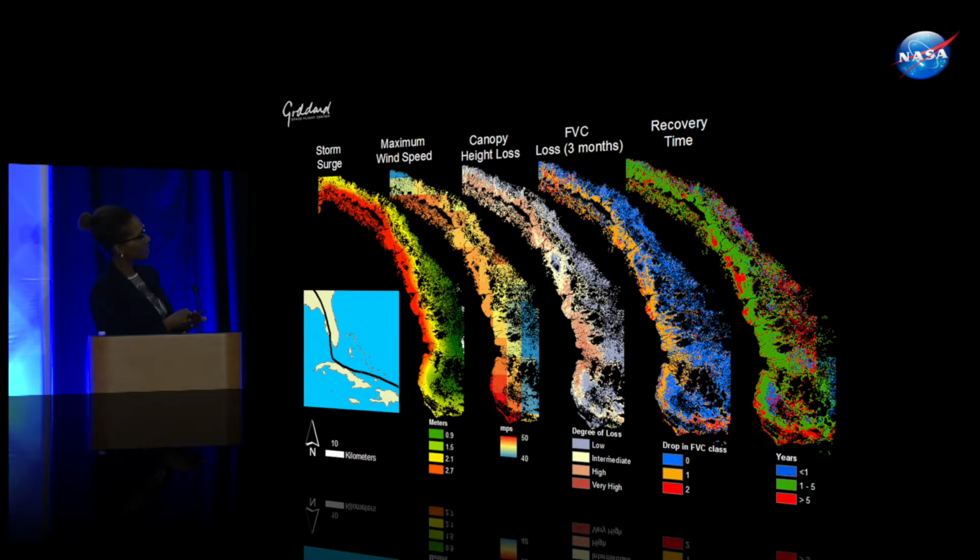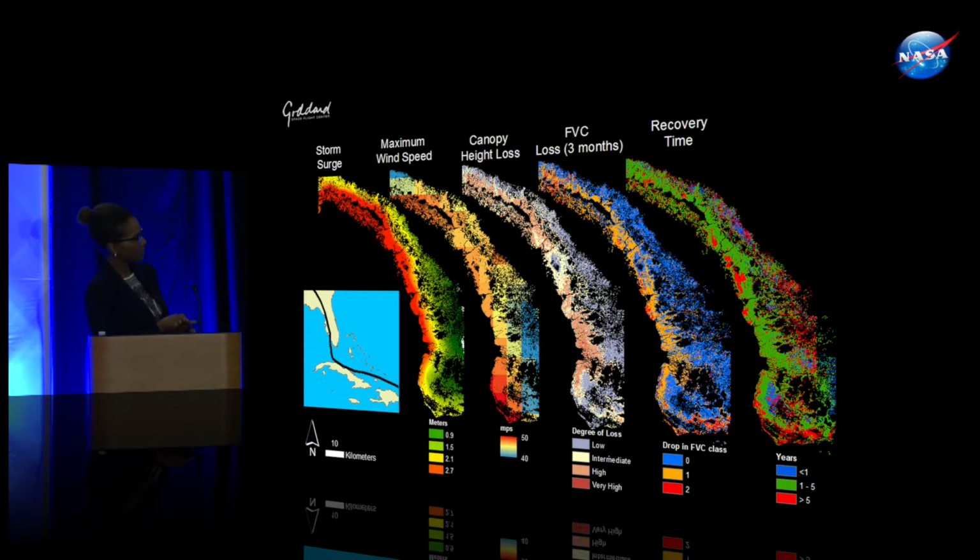During Irma, we have maximum wind speed that is also modeled. Then here we have canopy height loss. This is a combination of the airborne data and satellite data sets. We have fractional vegetation cover loss. This is in the 3 months after the hurricane. And then we have total recovery time. And this is recovery time not just from Hurricane Irma, but also from all previous hurricanes.